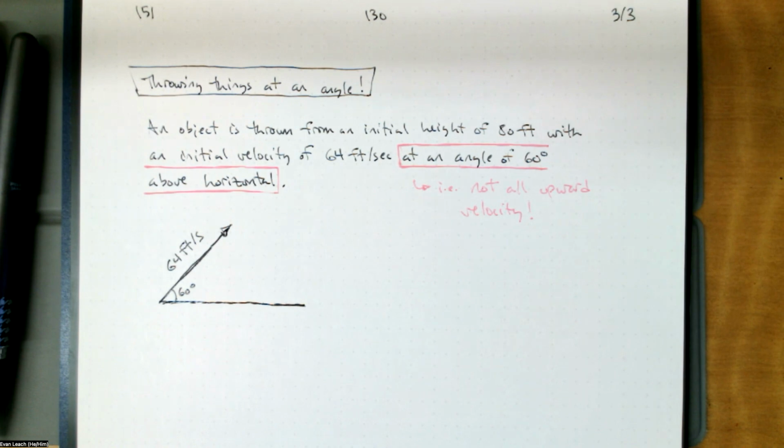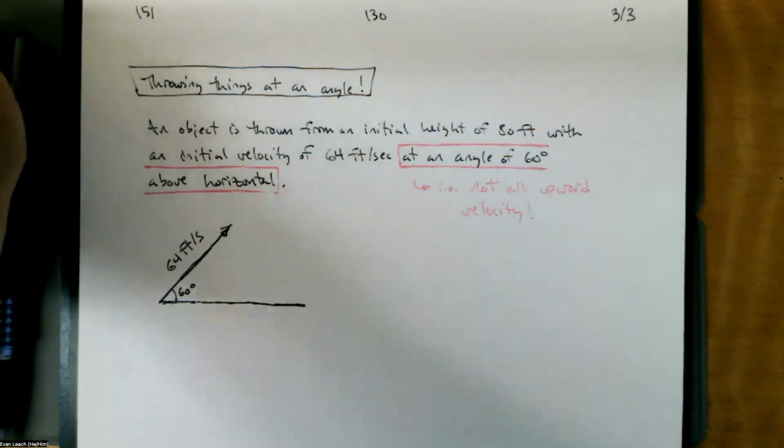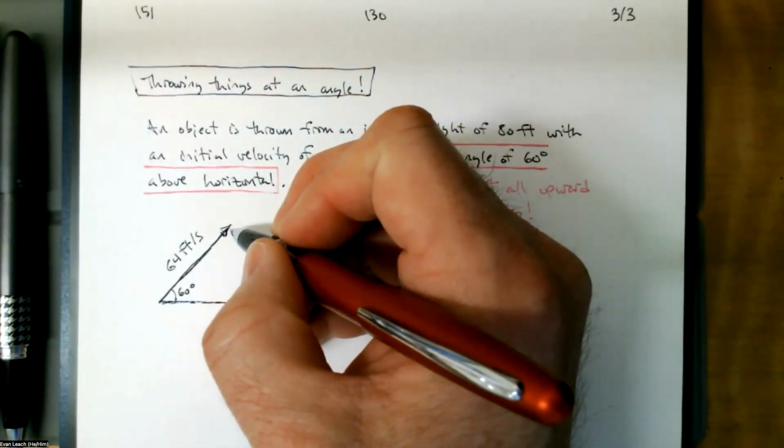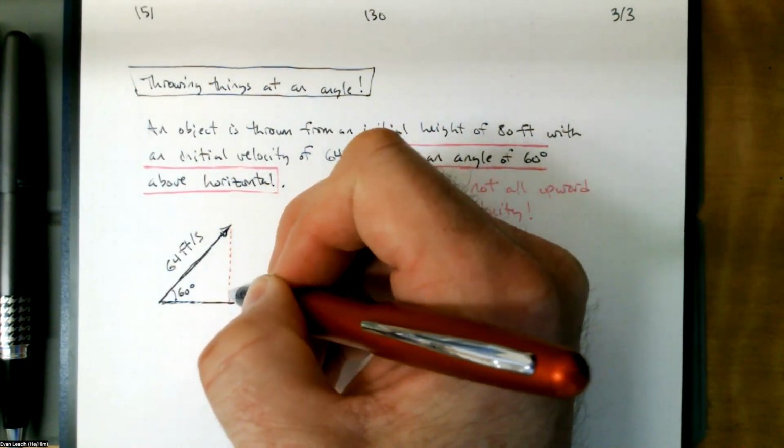So some of our velocity is upward velocity, but some of our velocity is horizontal velocity. We have two components. We're going to break the velocity into two components, a horizontal velocity and a vertical velocity. And we're going to do that with a right triangle.